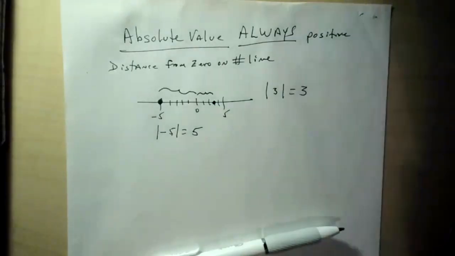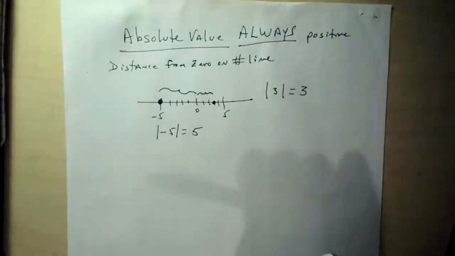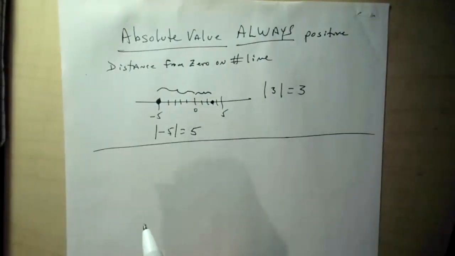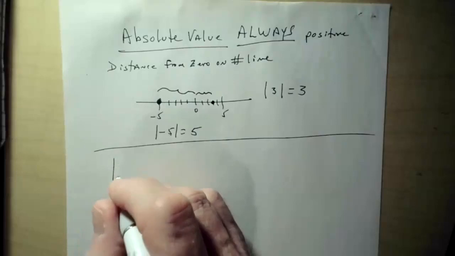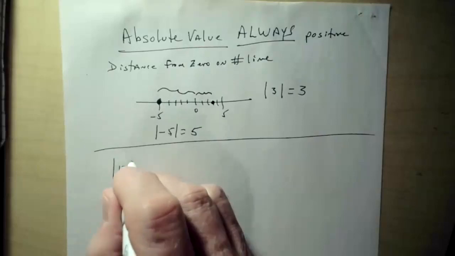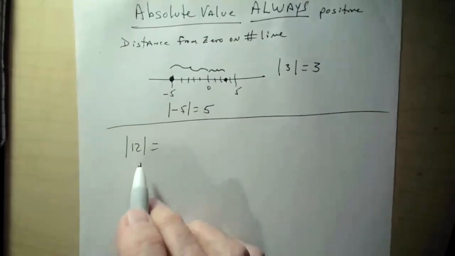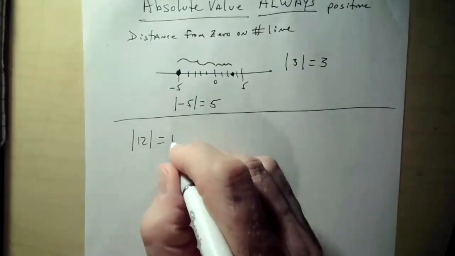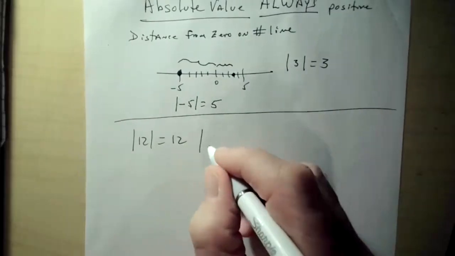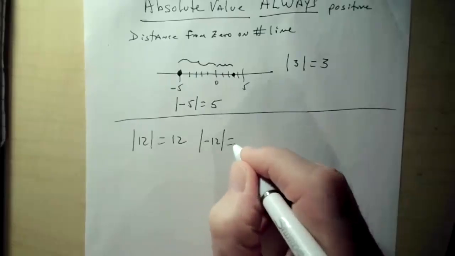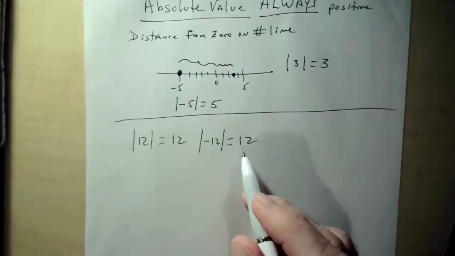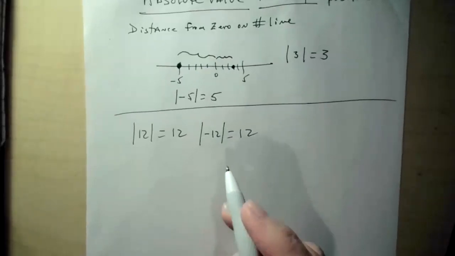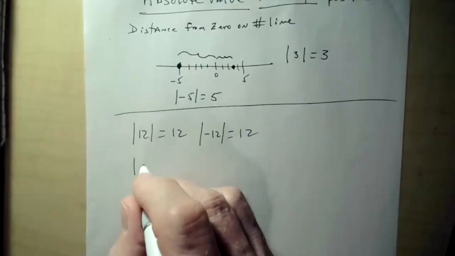Again, absolute value is not one of those super whiz-bang important things, but you are going to see it from time to time. Absolute value of 12 is 12. Absolute value of -12 is also 12.